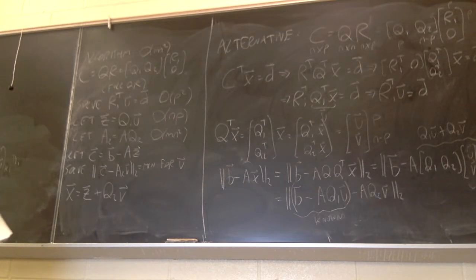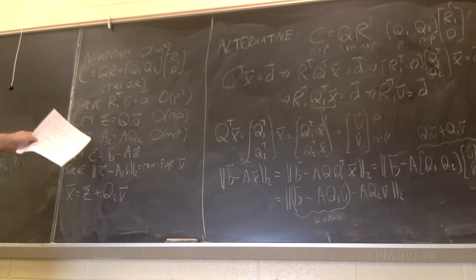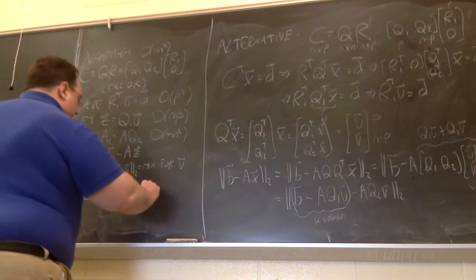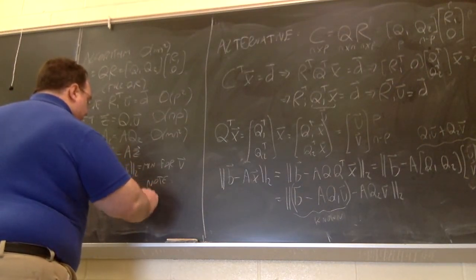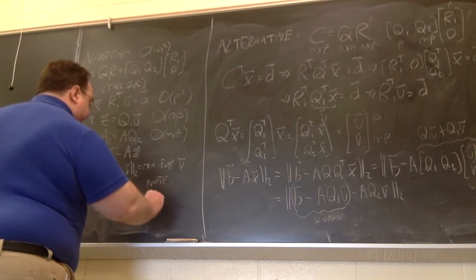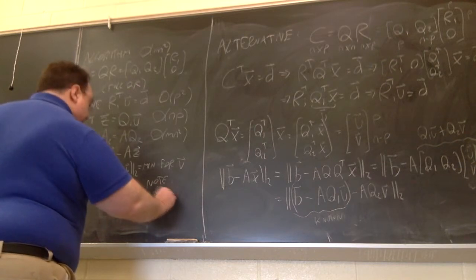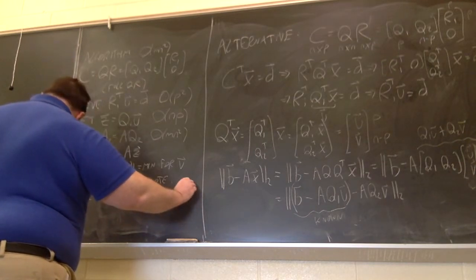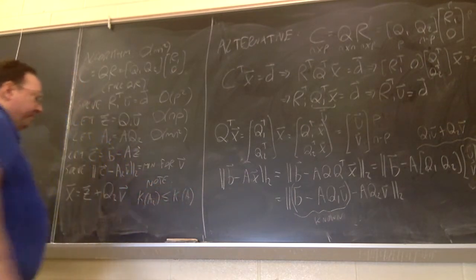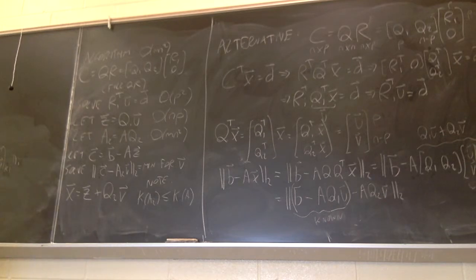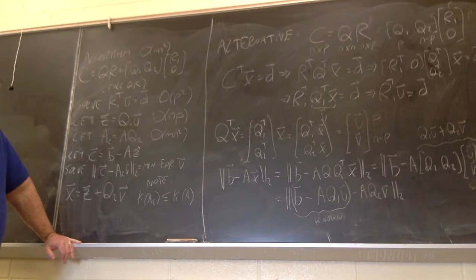Okay, so this approach has you solving a smaller unconstrained least squares problem, and another thing is that the matrix involved is A2 instead of A. The thing to keep in mind here is that the condition number of A2 is less than or equal to the condition number of A. It doesn't matter which norm you're using, because you can think of A2 as removing columns from A, or only taking certain columns from it.